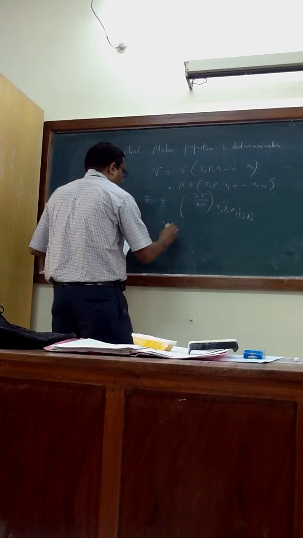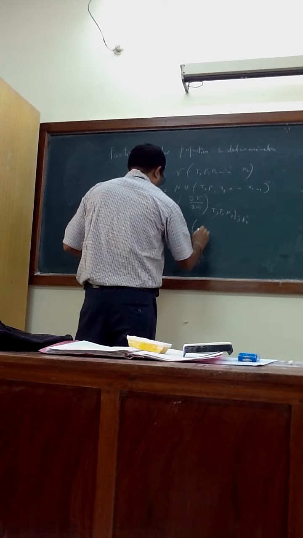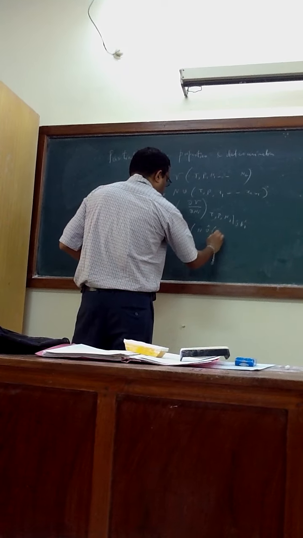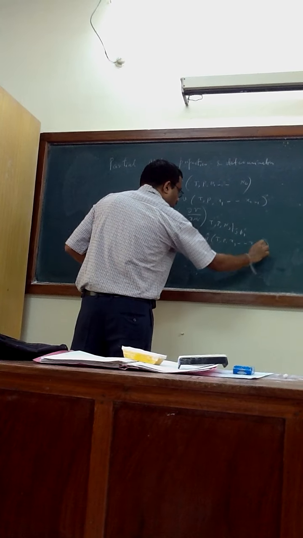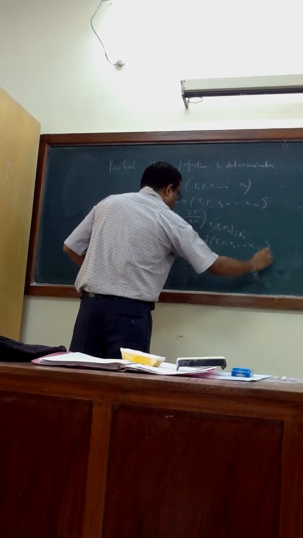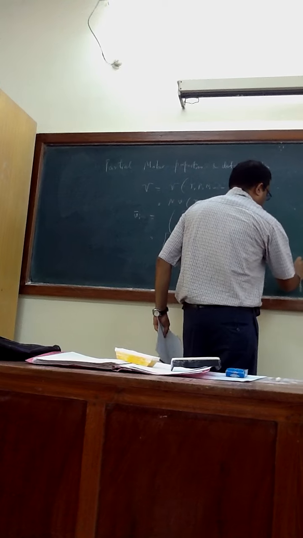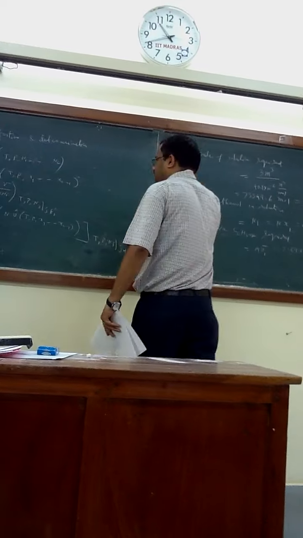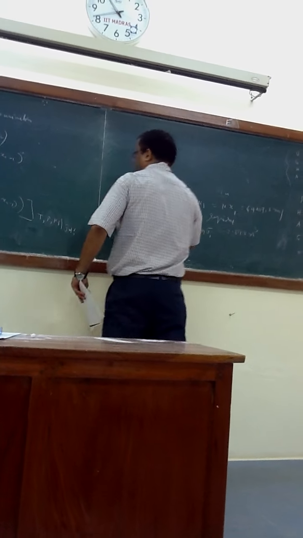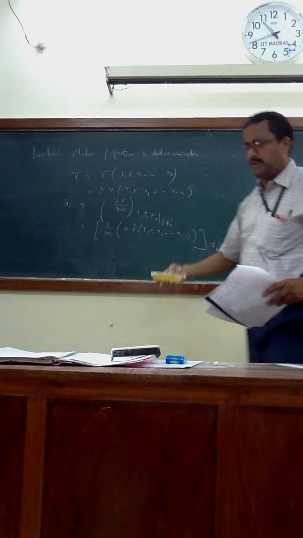So we have the partial derivative with respect to Ni of NV at constant T, P, Nj, j not equal to i. Okay, we proceed to obtain Vi bar. Similarly you can do it for any partial molar property: Ui bar, Hi bar, Gi bar, anything you can do the same. I am just doing it for the partial molar volume.